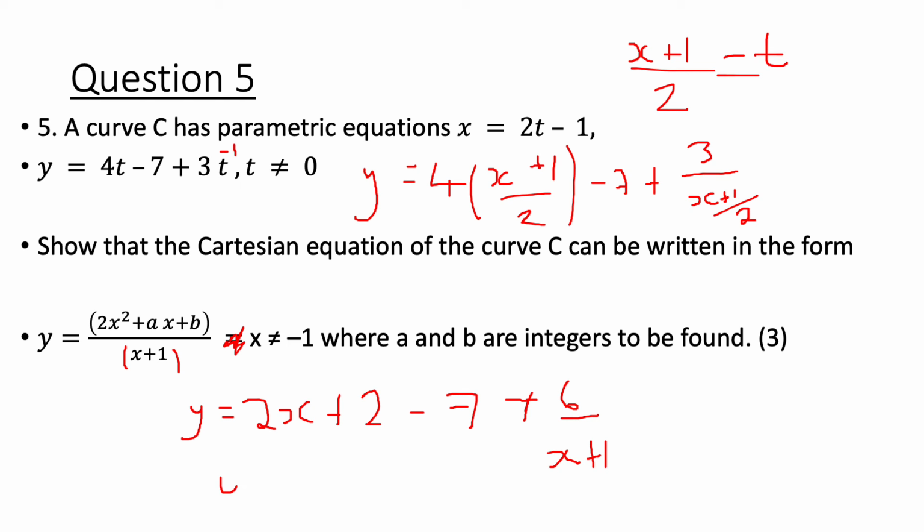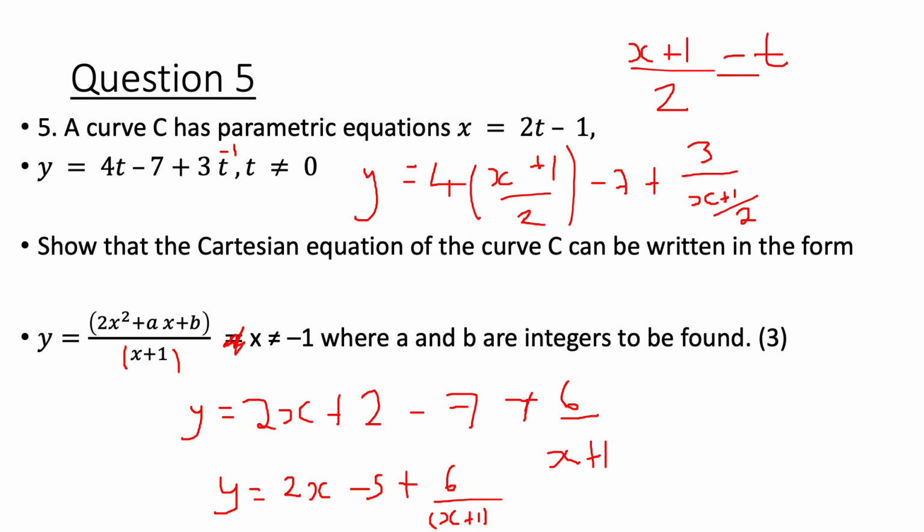Okay, so simplifying this, guys, 2 minus 7 is minus 5, so 2x subtract 5 plus 6 over x plus 1.